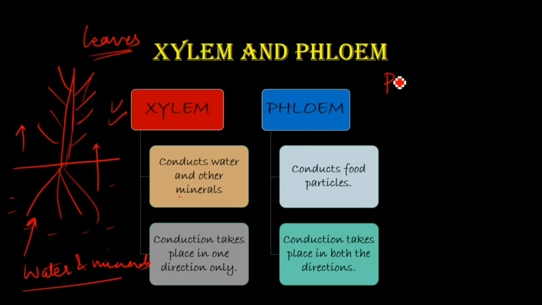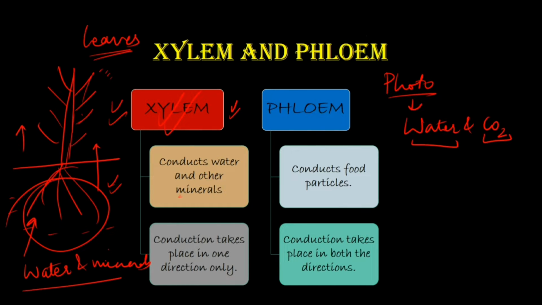For photosynthesis, water and CO2 are required. CO2 they can get from the air, from the atmosphere, but water they get from the upward flow done by the xylem. Water is flowing in only one direction. That is why xylem shows unidirectional flow.